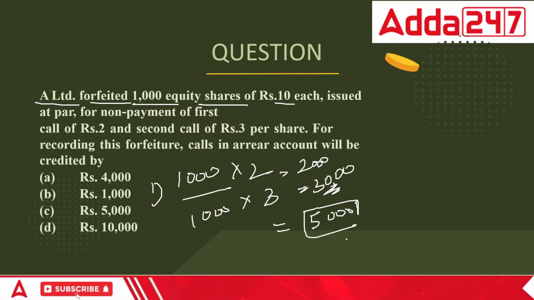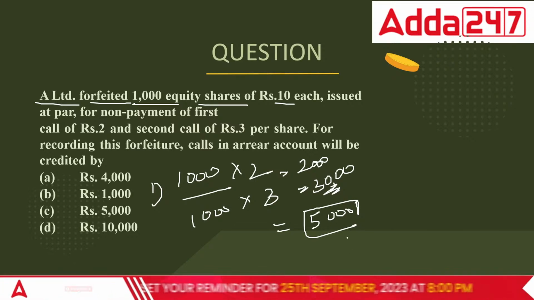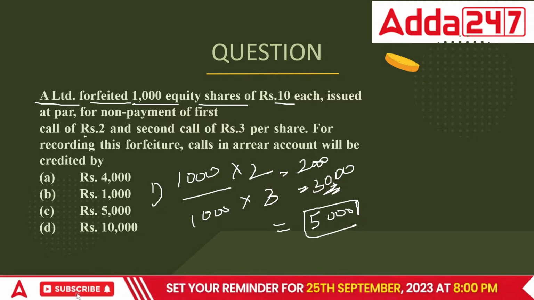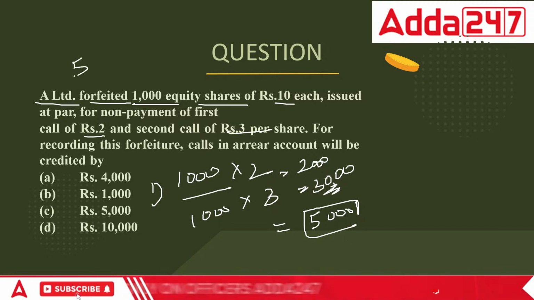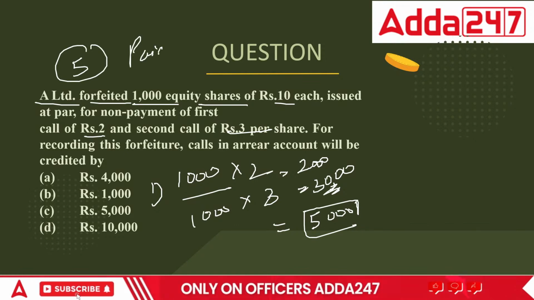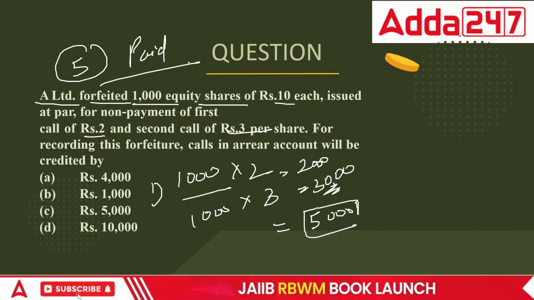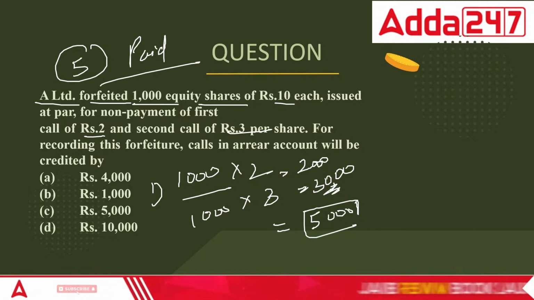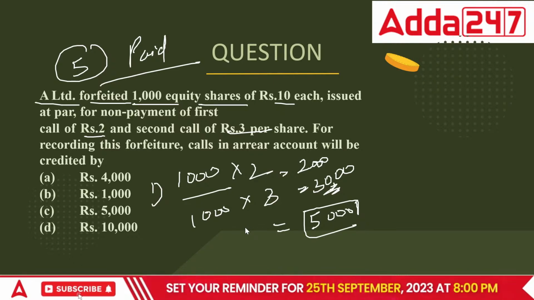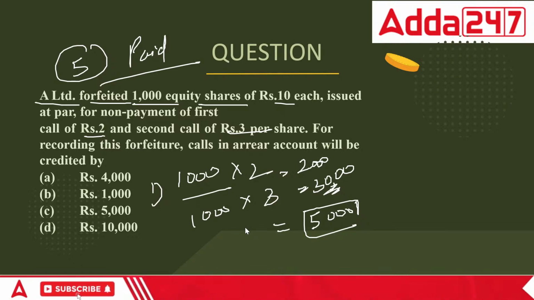If we have to talk about share forfeiture, it will also be the same, because if 5 rupees is unpaid, then 5 would be forfeited. This is a trick question, everyone. Easy yet complicated. Complicated in terms of language and easy in terms of answer.